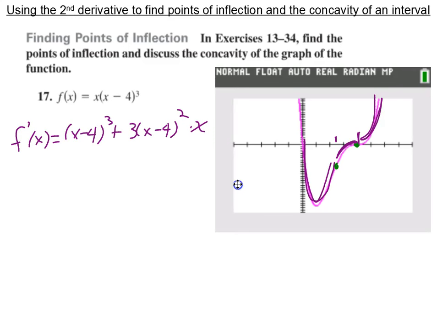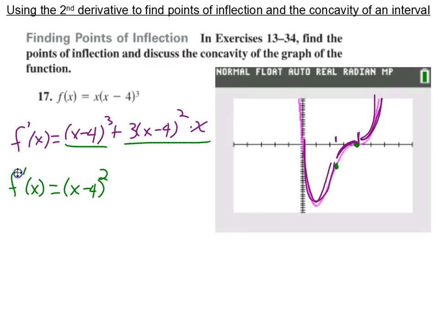Agreed? Now from here, I can try and take the second derivative as is, or I can try and simplify the expression on the right side of the derivative before I move forward. So the first thing I'm going to do is simplify this. I know that I can factor out an (x minus 4) to the second power from both this term and this term.